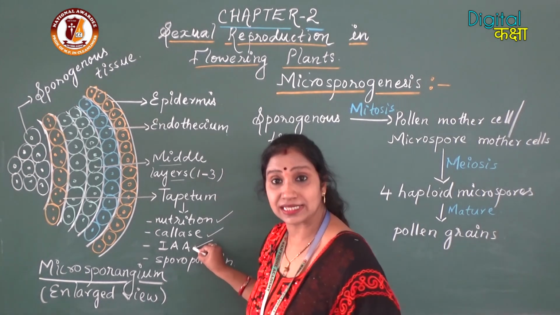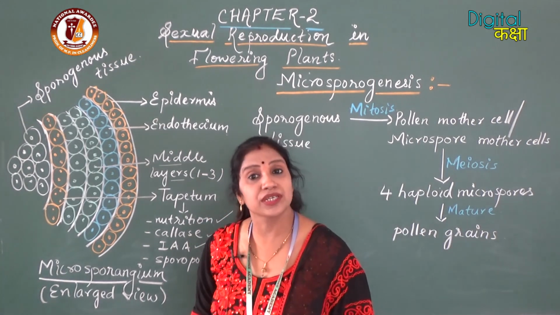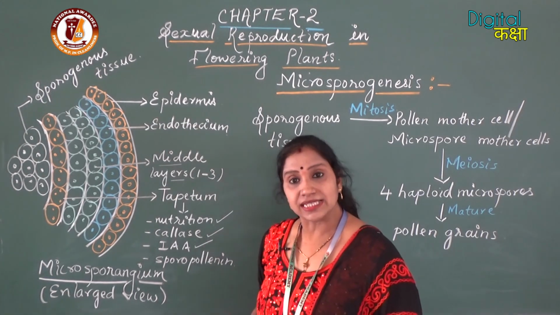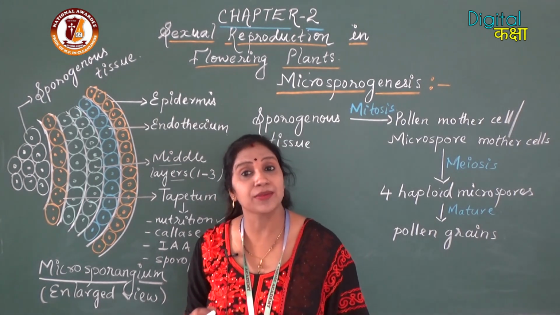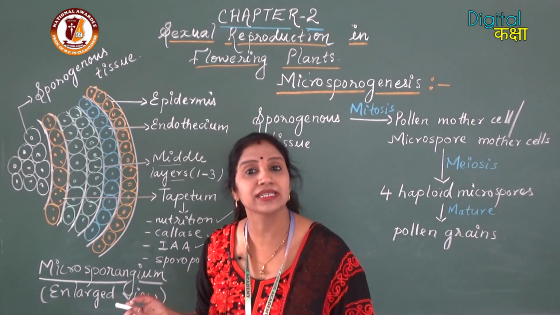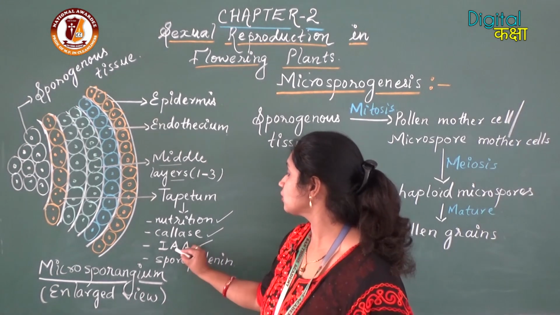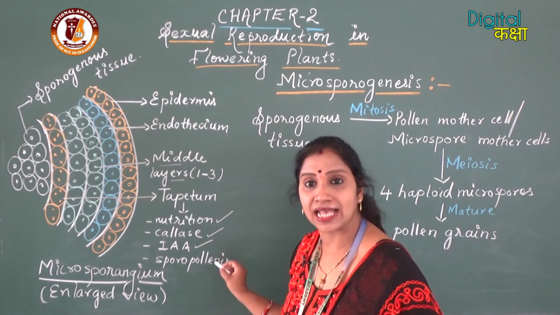This indole acetic acid is secreted by the tapetum layer, and it helps in the growth and maturation of the microspores into pollen grains. So the third function is secretion of indole acetic acid.